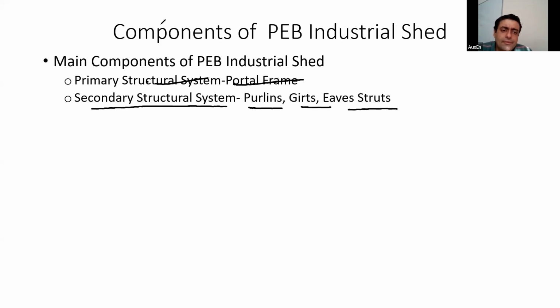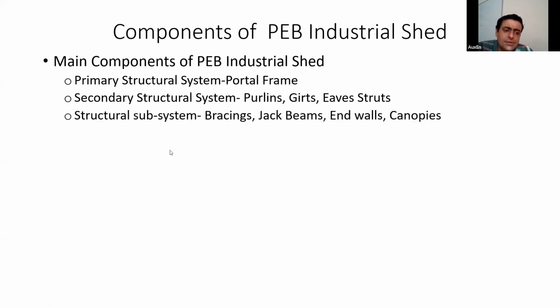Then we will use another term, structural subsystems. That means they do not form part of your main system, but they are equally important for your industrial shed. These will consist of bracings. Bracings we have already discussed. Then it will also have jack beams. All these terms I will discuss as we move ahead.